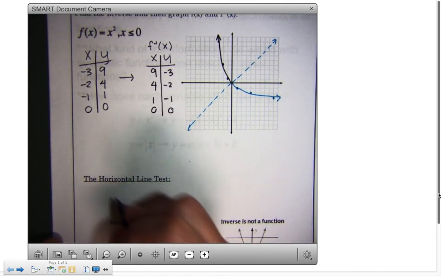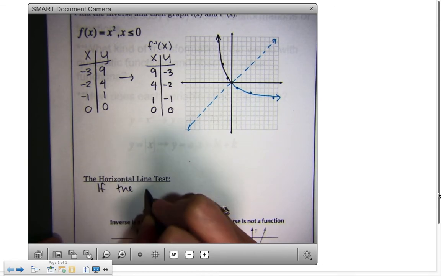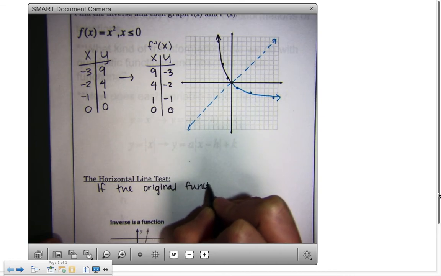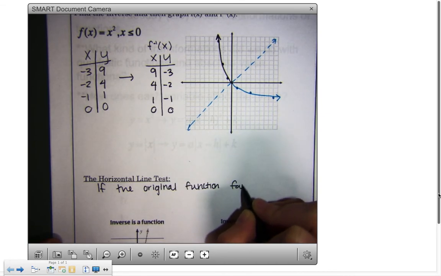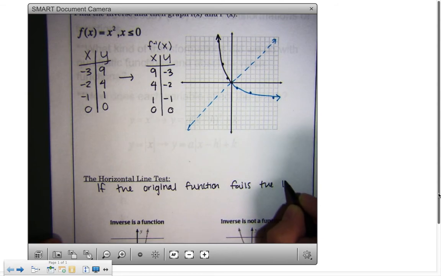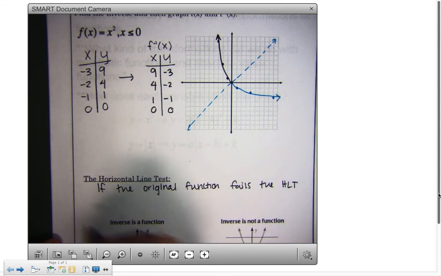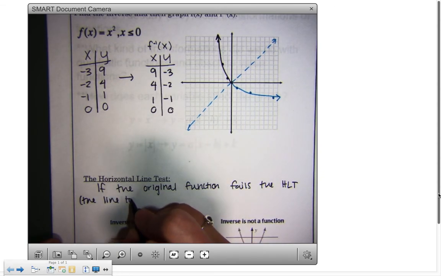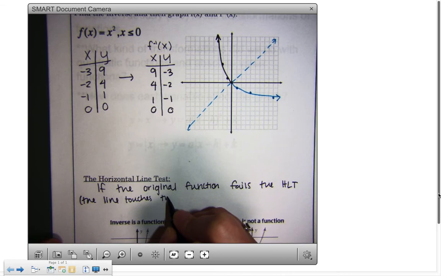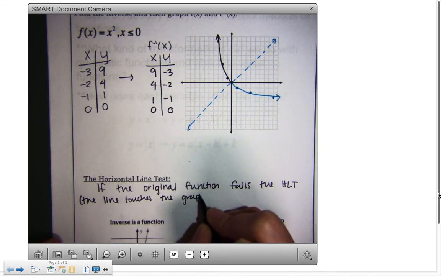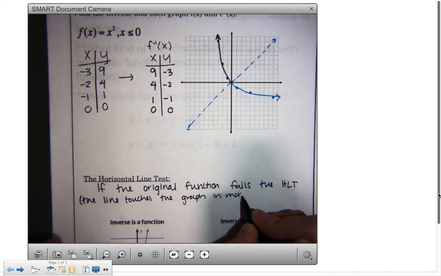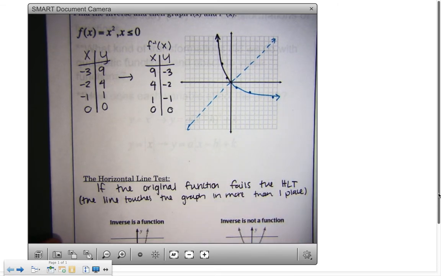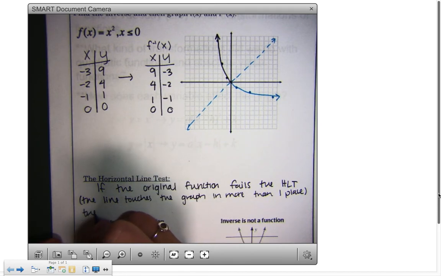So we say that if the original function fails the horizontal line test, so that means that the line touches the graph in more than one place, then the inverse will not be a function.